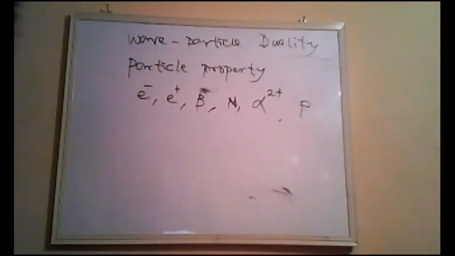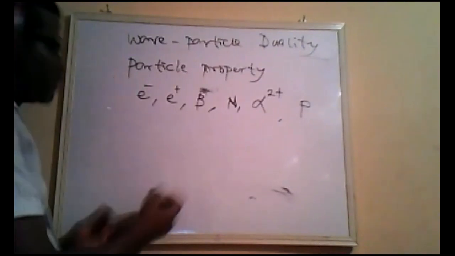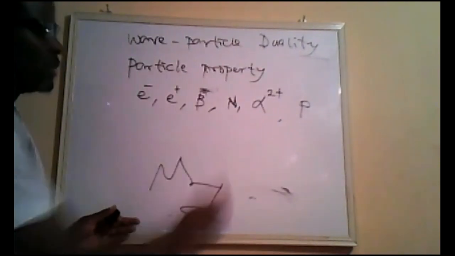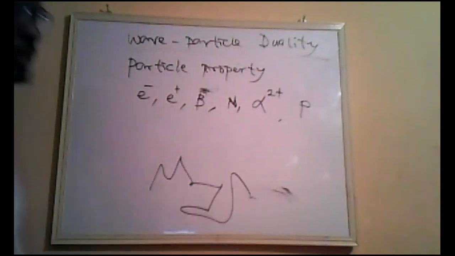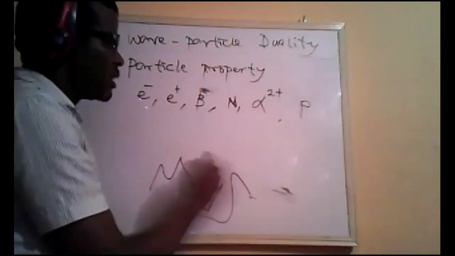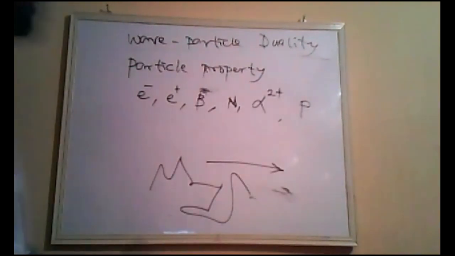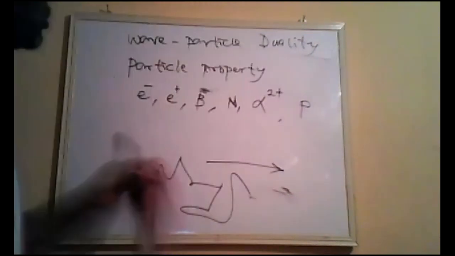Also, electrons have a very tortuous path when they are in matter, very zigzagging in nature, as opposed to alpha, which has an almost linear trajectory. We'll be looking at all these particle properties.